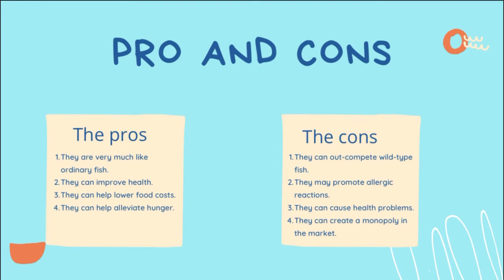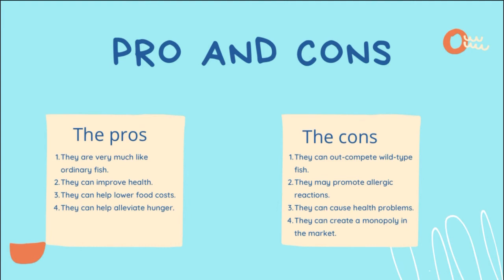Genetically modified fish such as salmon contain fatty acids that can help in reducing the risk of heart disease. Third, they can help lower food costs. More food becomes available without having to rely on wild-caught fish. And finally, they can help alleviate hunger.